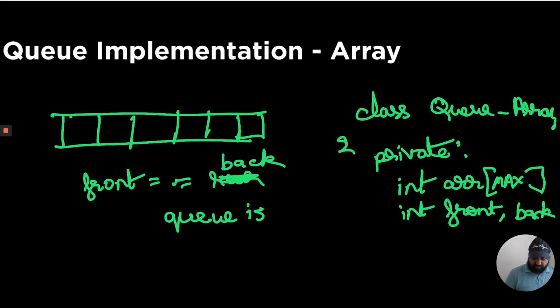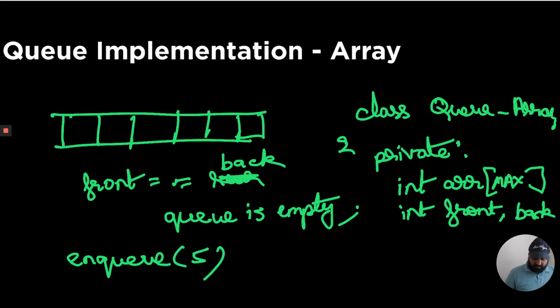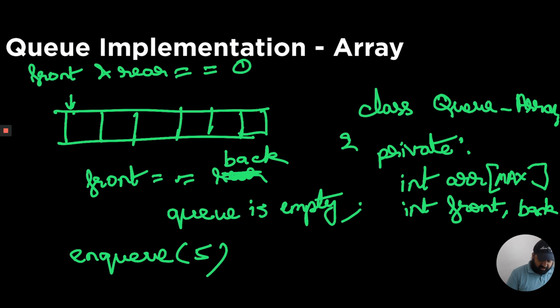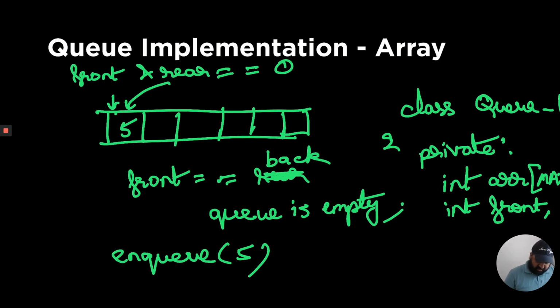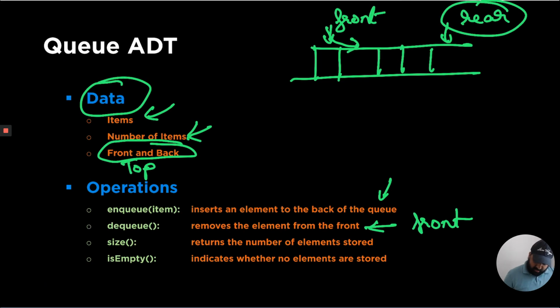So if we are trying to implement the isEmpty function, this is the condition we are going to use. Whenever we have some element in the queue, let's say I do enqueue 5. For the initial case, both front and rear are equal to 0. Now whenever we enqueue 5, based on our previous interpretation, we only change the rear element, not the front one.